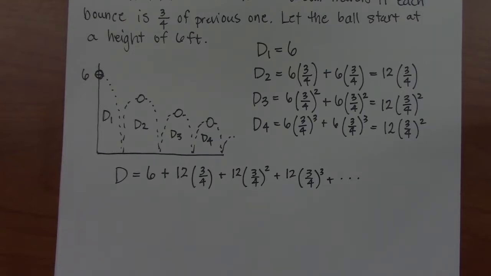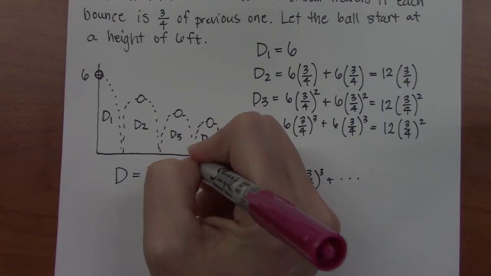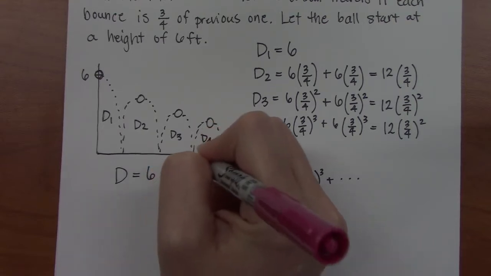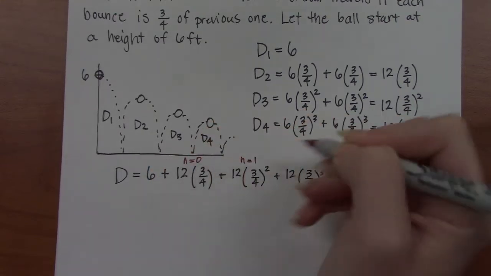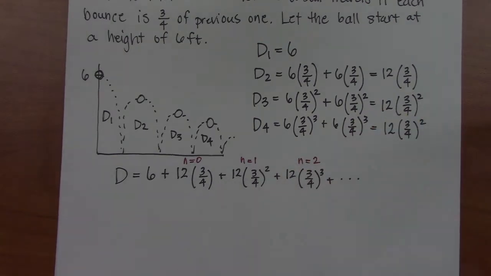So we don't actually have to include the 6 in our geometric series. We can simply form a geometric series for these terms and add the 6 on the outside, all right? But remember, to use that summation formula that we have, we need to index from 0. So that means when I generate my series, this needs to be the 0th term, this needs to be the first term, and this needs to be the second term.